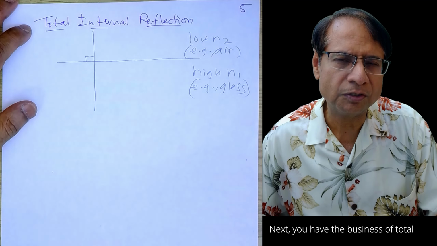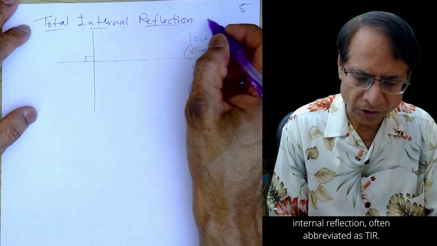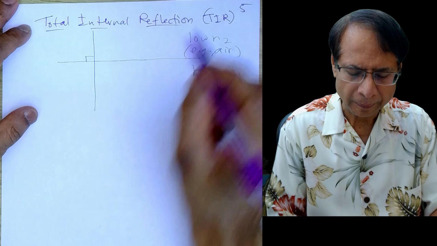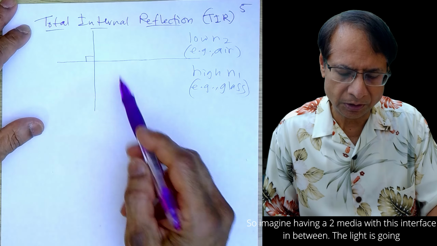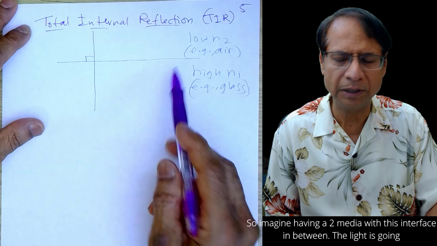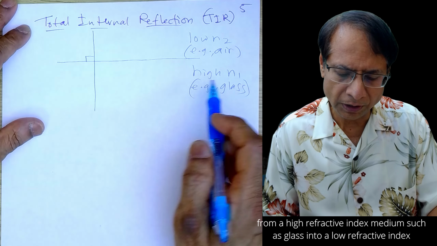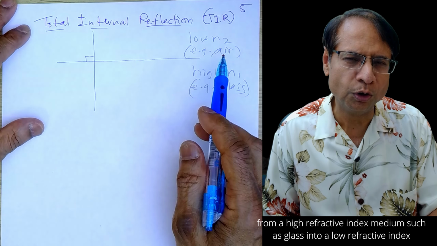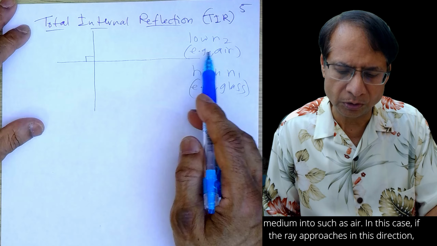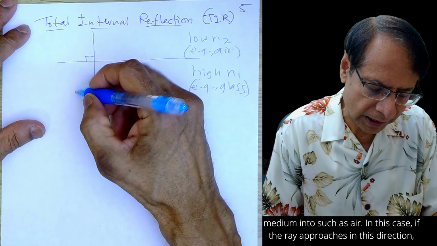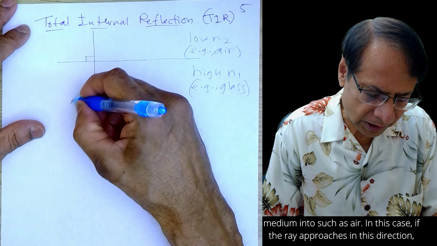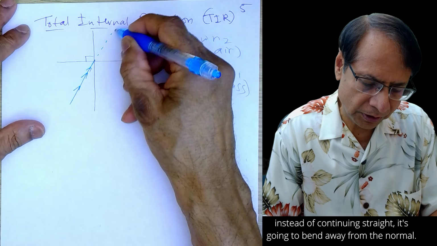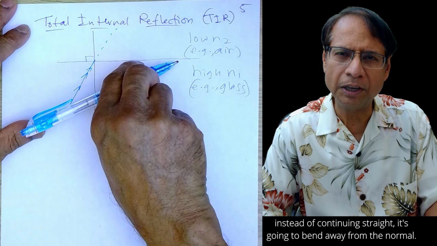Next, we have the business of total internal reflection, often abbreviated as TIR. So imagine having two media with this interface in between. The light is going from a high refractive index medium such as glass into a low refractive index medium n2 such as air. In this case, if the ray approaches in this direction, instead of continuing straight, it's going to bend away from the normal.